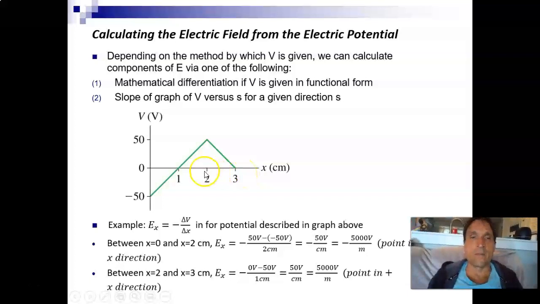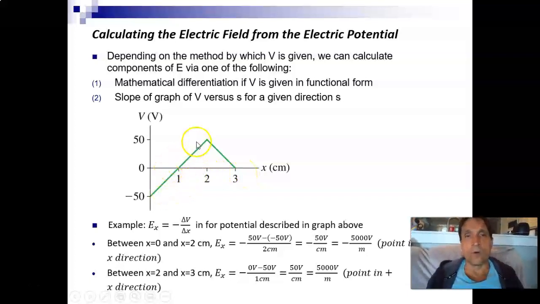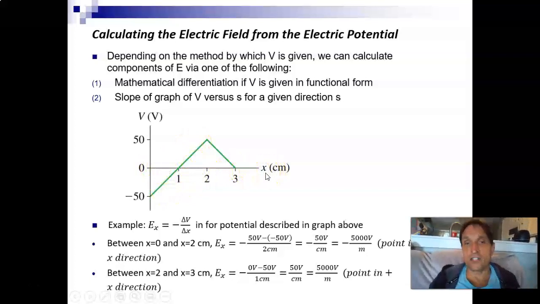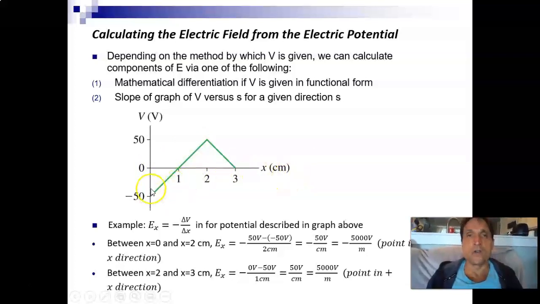So on an exam, if you have a plot of voltage versus position along some direction, say the x direction, you should be able to take the slope at a given point, tack on a negative sign, and that gives you the electric field. Okay, you should be able to do that. That's the second way of getting E, given a graph.